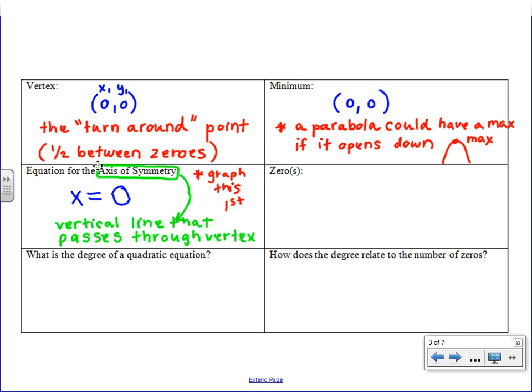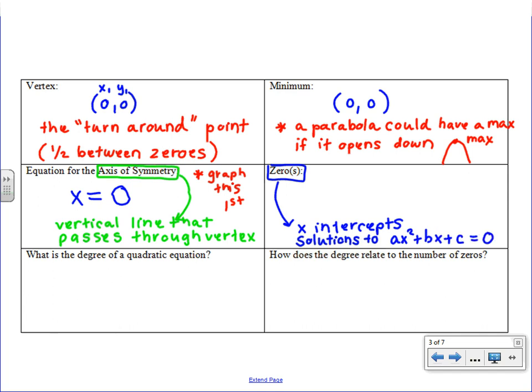Our next vocabulary word is zeros. Now, when we talk about zeros, this should be familiar. Zeros are just the x-intercepts, where the graph crosses the x-axis. They are also what we were working on in our previous unit. They are solutions to the equation ax squared plus bx plus c equals 0.